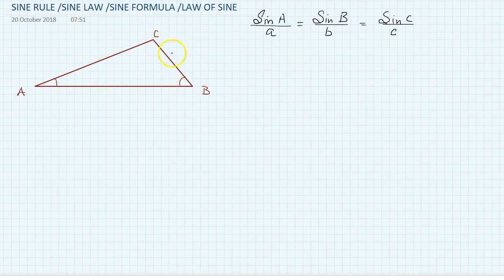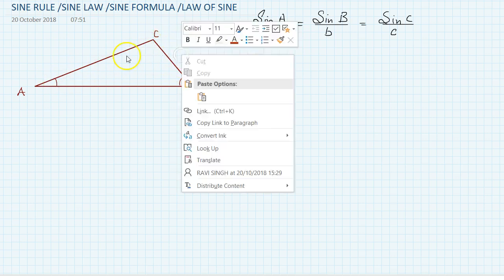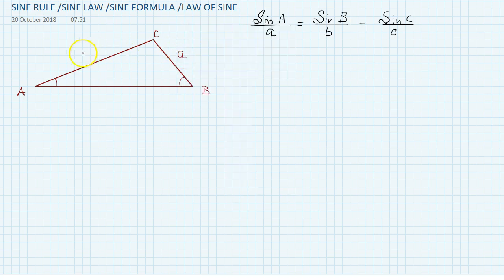If ABC is a triangle, then its sides are A, B and C. This law is an equation relating the lengths of the sides and the sines of its angles. It says that sine A over A is equal to sine B over B, and is equal to sine C over C.